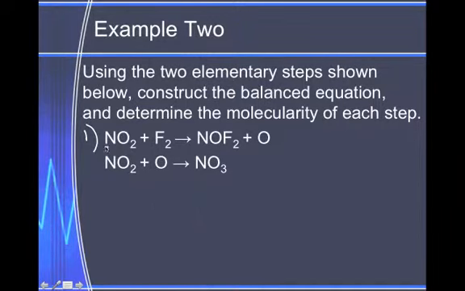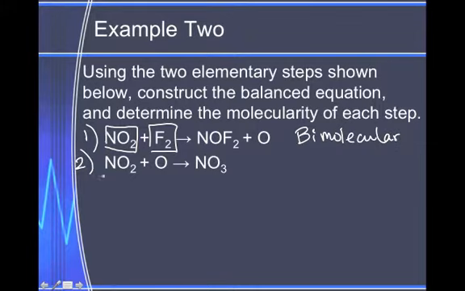So if we have a molecule of NO2 that collides with another molecule of F2, then this is bimolecular. The next step, step 2, has the collision of NO2 with that oxygen atom, NO. Again, we have two molecules that have to collide into each other, and so this step is also bimolecular.